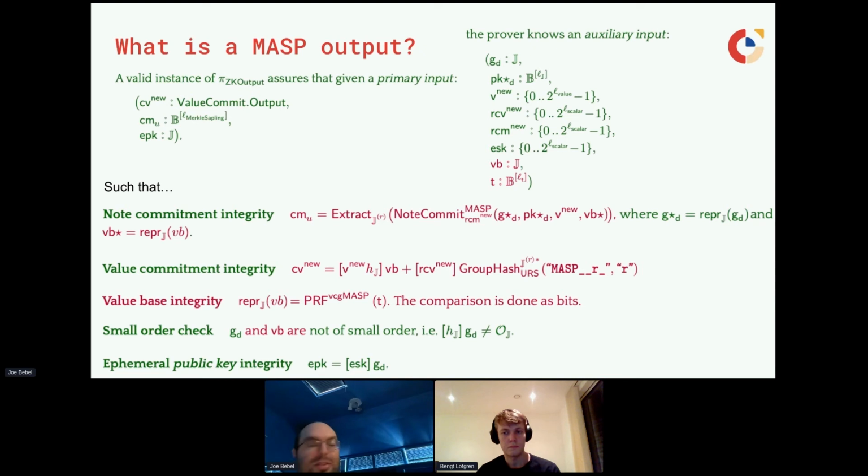And this can be destructive because, for example, suppose that the value of VB that they use, the asset generator, is the negation of some other asset type. So they take some existing asset type and they say, oh, I'd like to create notes which have the exact opposite asset type. It's the same curve point except that multiplied by -1.